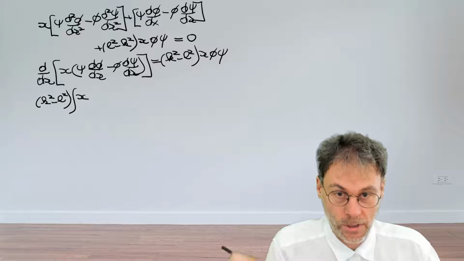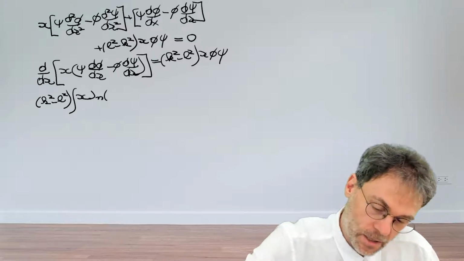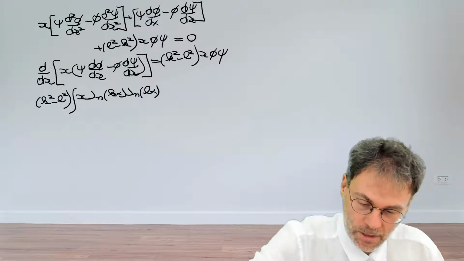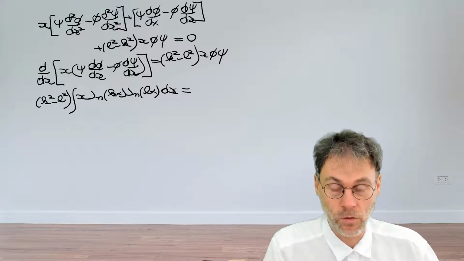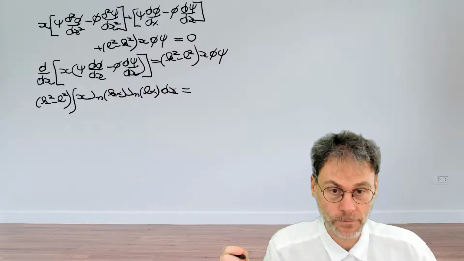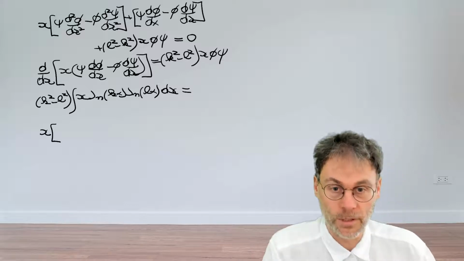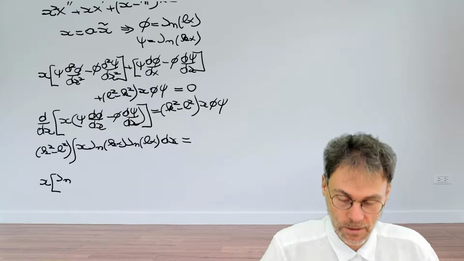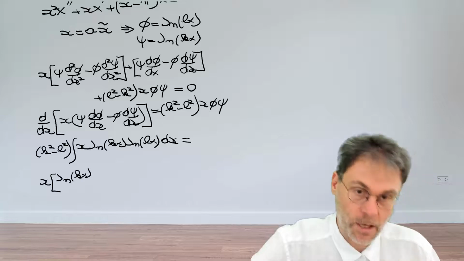And let's again reintroduce what this phi and this psi were. So we have the integral of J_n(kx) J_n(lx) dx, and this is equal to just the stuff between square brackets here. So this is going to give us x. And then for psi, we had J_n(kx), as you can see here, J_n(kx).